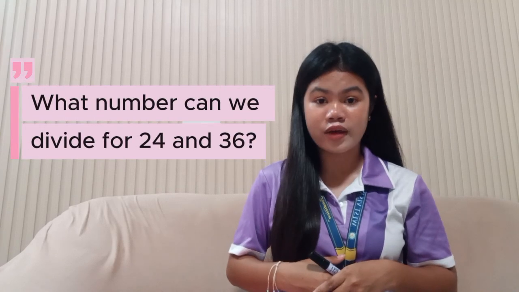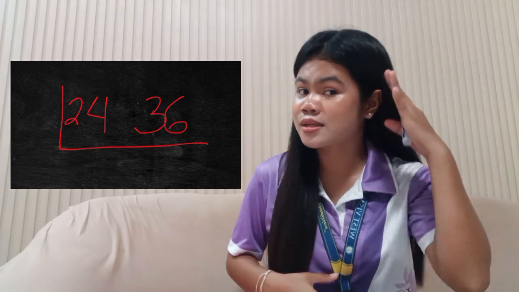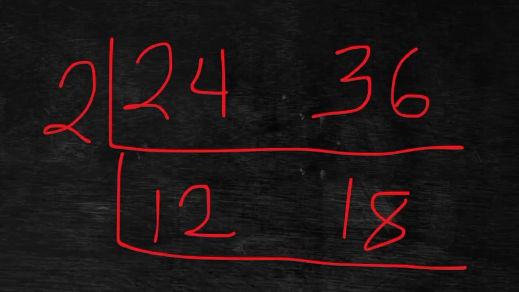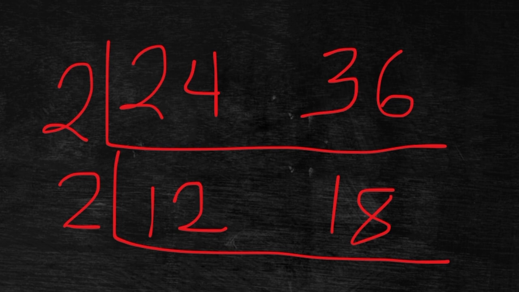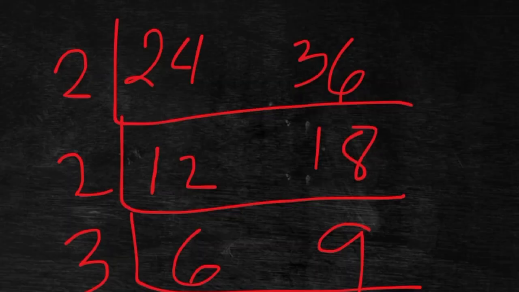So, what number can we divide 24 and 36 by? Can you say it? Yes, correct. It's 2. So, the answer is 12 and 18. So, we can divide it again by 2. And the answer is 6 and 9. We can also divide it by 3. Yes, correct.